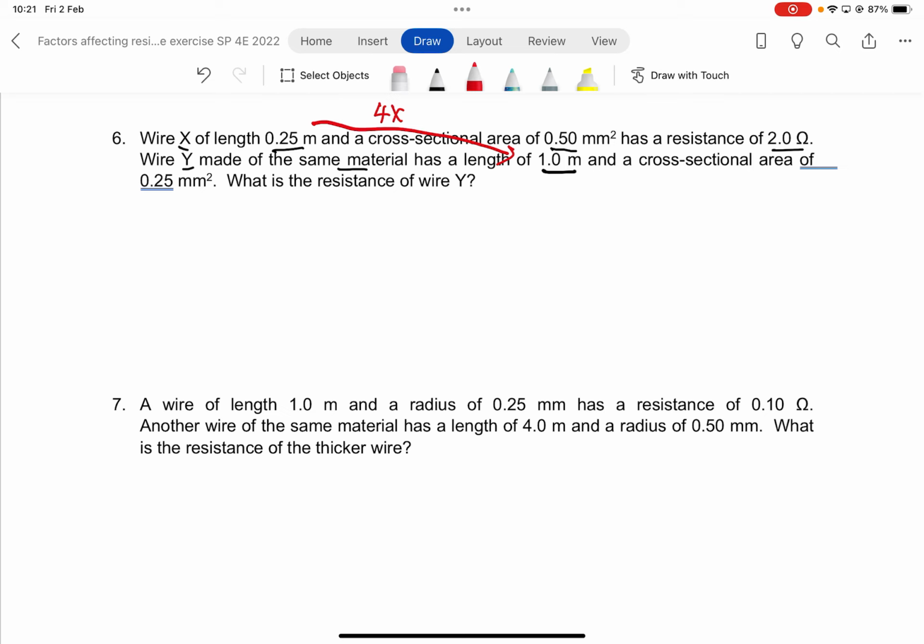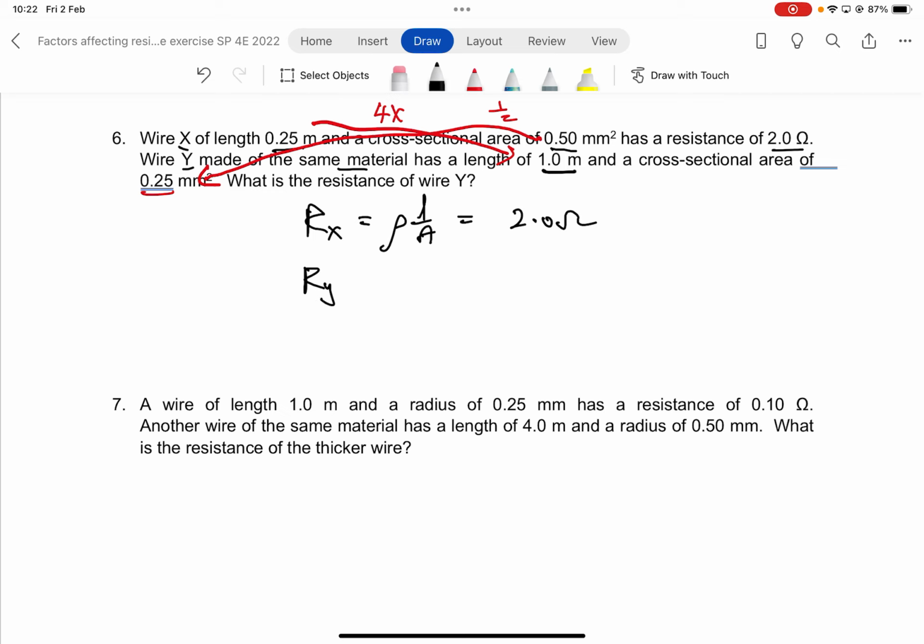Okay. Area 0.5 to 0.25 is how many times? Halved, okay? It's halved, right? So your length was 4 times and your area is halved. Okay, so let's write down Rx, the old wire, rho L over A is 2.0 ohms.